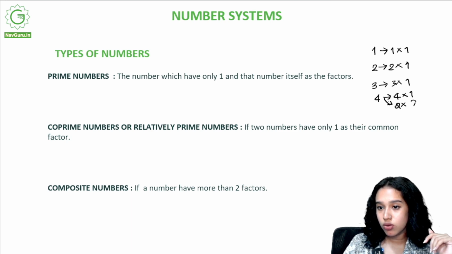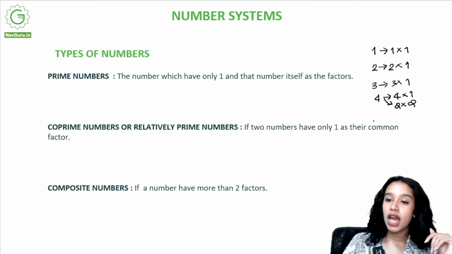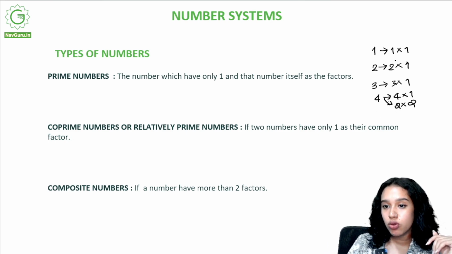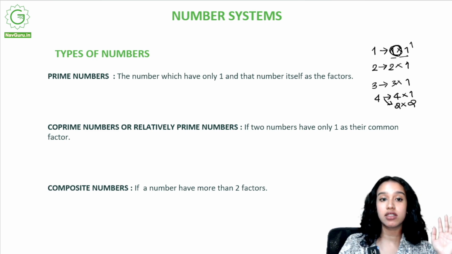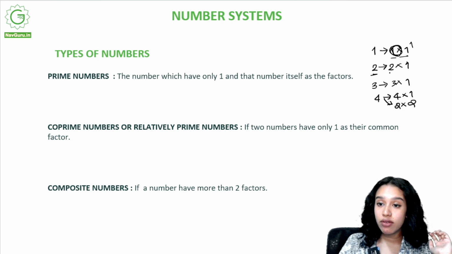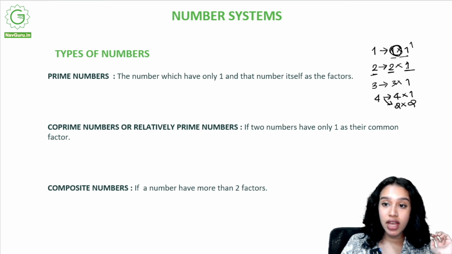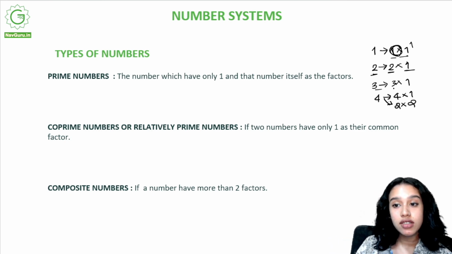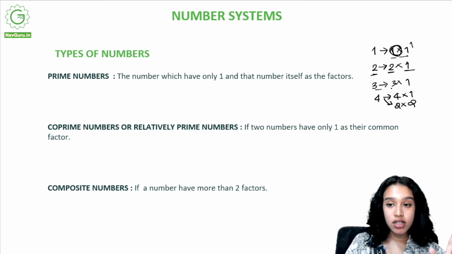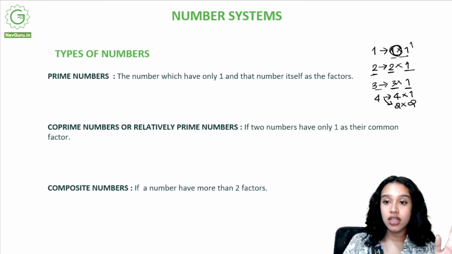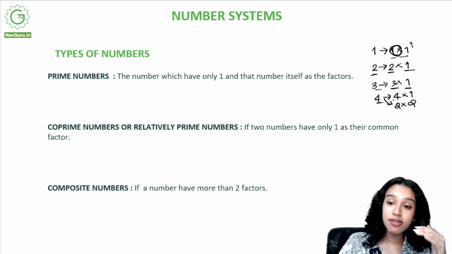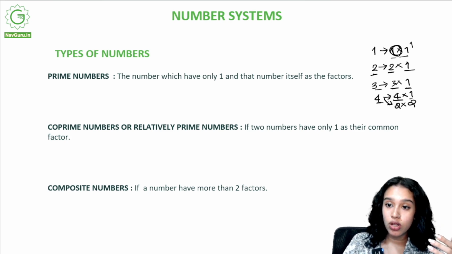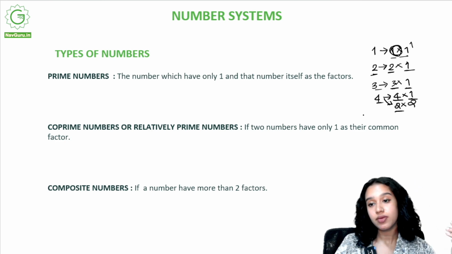So what happens here is, for 1 we have one factor, which is 1. We have no other factors. For 2, we have two factors, which are 2 itself and 1. For 3, we have the same situation. We have 3 and 1. But when it comes to 4, we have three factors, which are 4, 1 and 2.